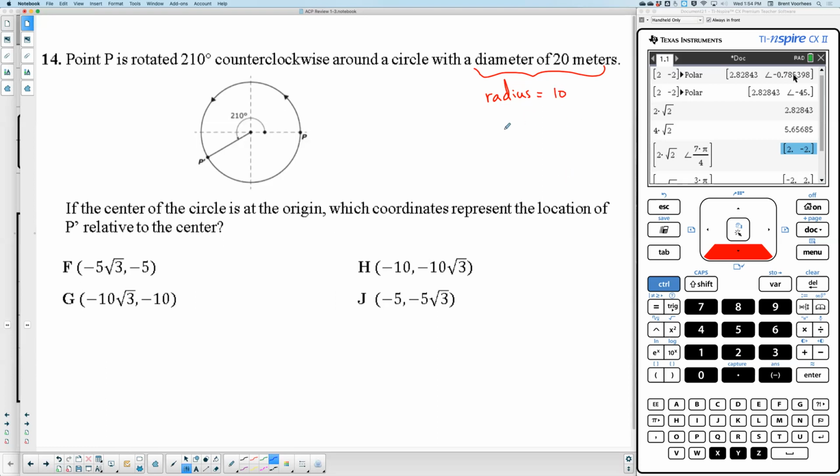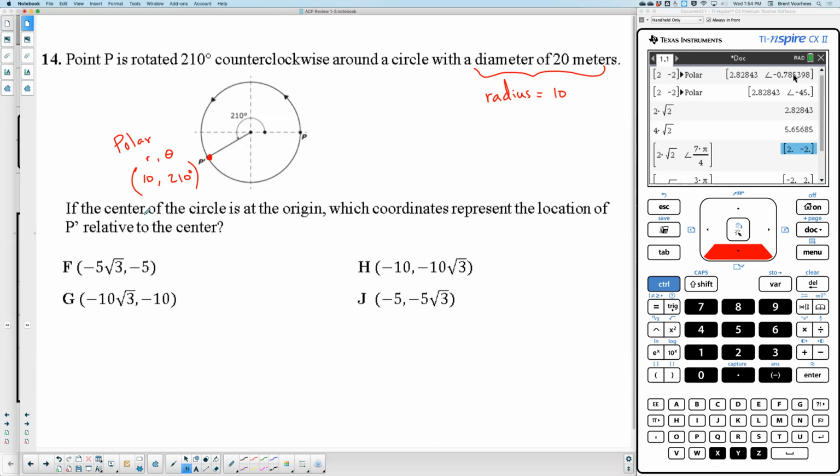10. Okay, in terms of polar, you can list this point right there in polar as saying it has a, let me move polar right here. If I list this as a polar, remember polar deals with circles, that this has a radius of 10, that's my R, and the theta is 210 degrees.